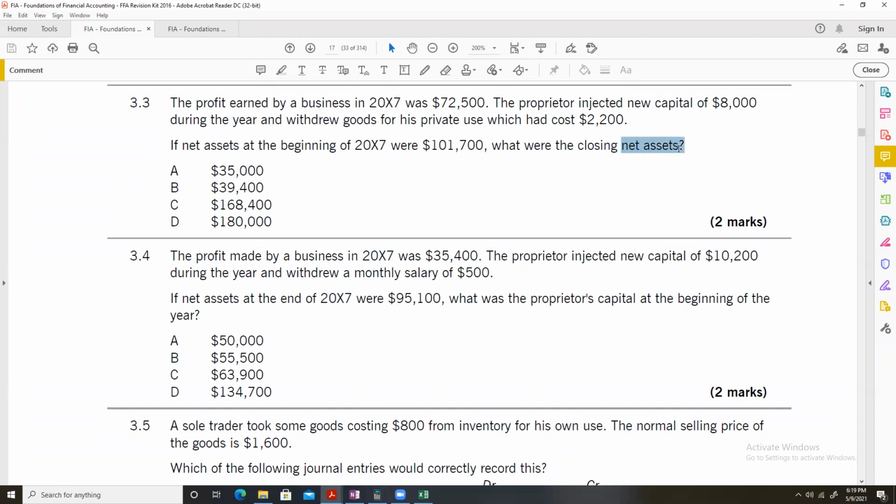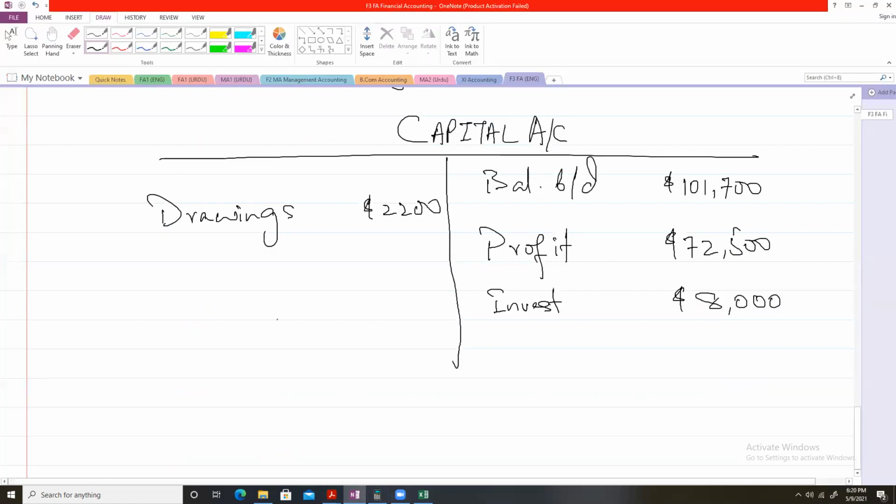Net assets means capital. In the same way, this represents the opening balance of the capital account, because net assets are actually the capital of the business. So we are required to calculate here the closing balance.